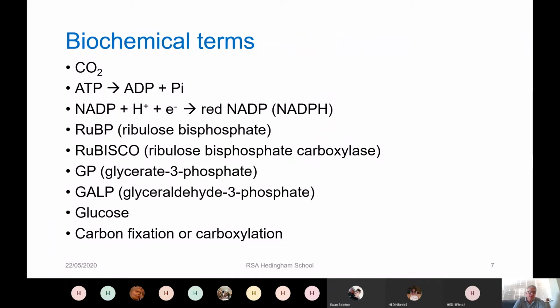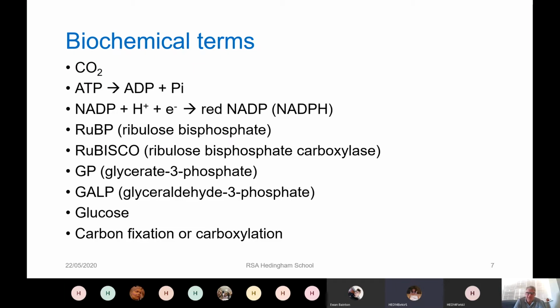These are basically the terms you need to know for this. Obviously, CO2 and ATP, we've done that before. We've also talked about NADP becoming reduced NADP, and you will see it written sometimes as NADPH. It's just an alternative way of writing it.